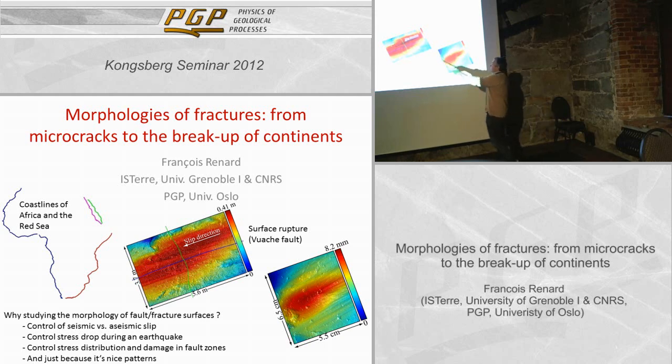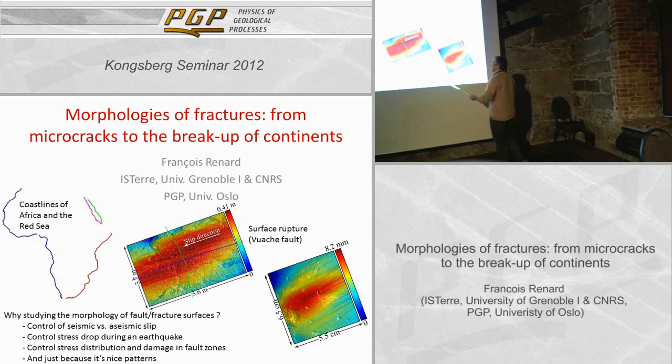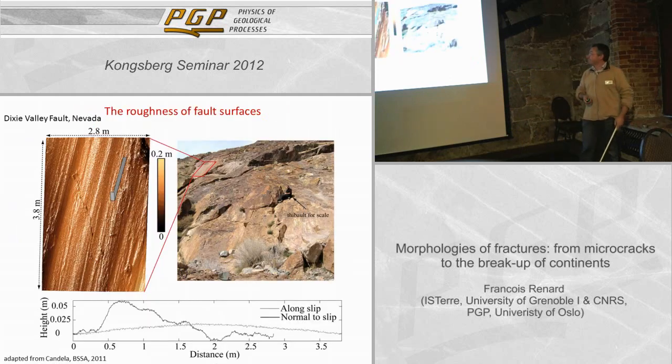What is the stress drop? So a bit like what Anders has presented, if you have a rough interface and you start to slide these springs, what would happen because the interface is rough? How does it control the stress distribution? So those are all the questions they asked me, and finally I decided to study them because I just found it nice, and that was sufficient reason to study them.